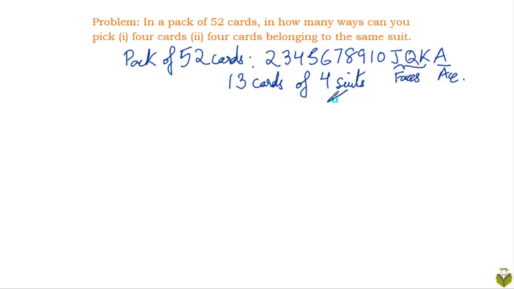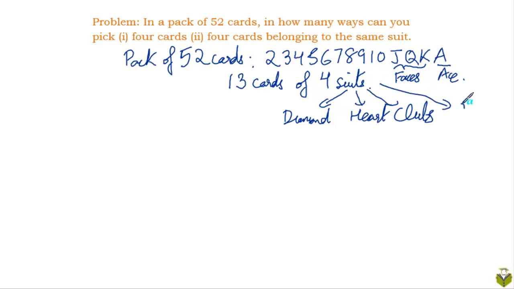The 4 different suits are diamond, hearts, clubs, and spade. Each of them is a different suit, and diamond and heart are red, and clubs and spade are black colored. I just had to introduce this in case you didn't know what cards are, and you need that information to solve this problem.